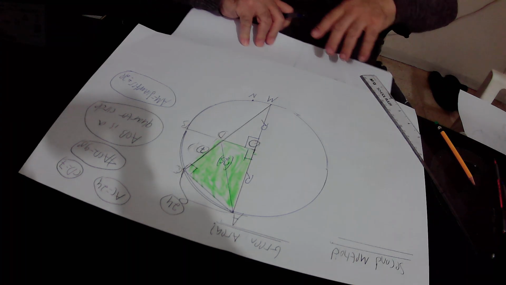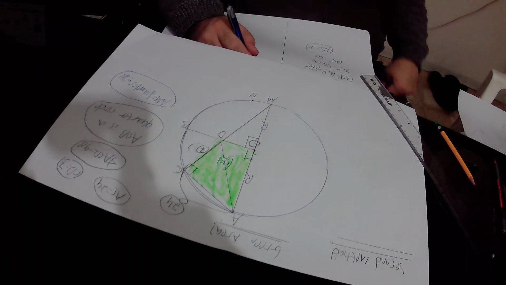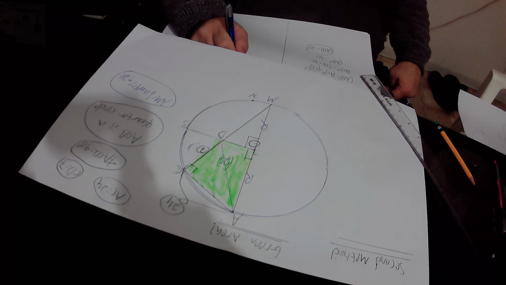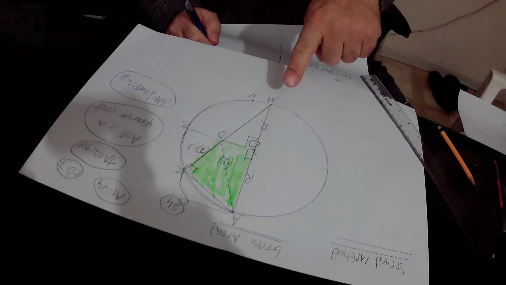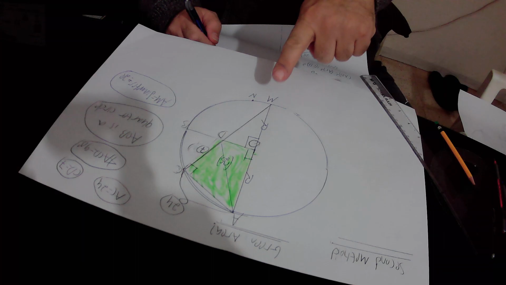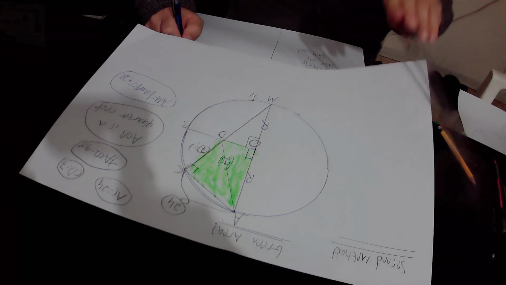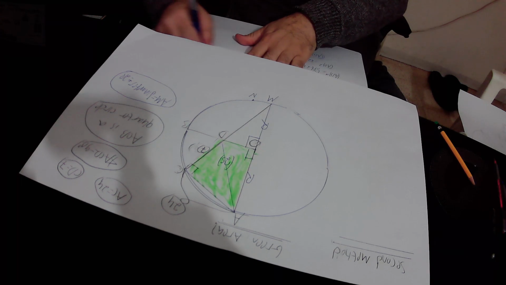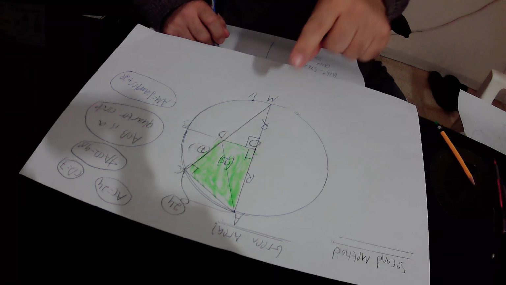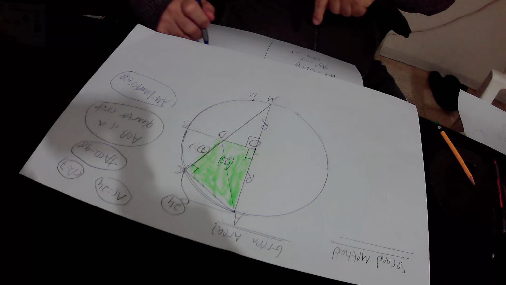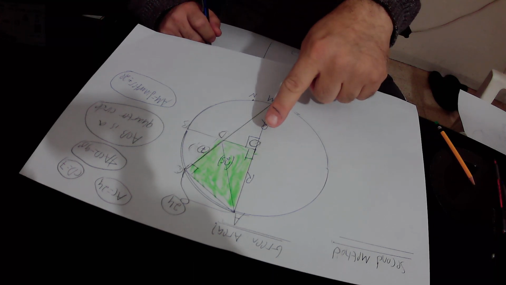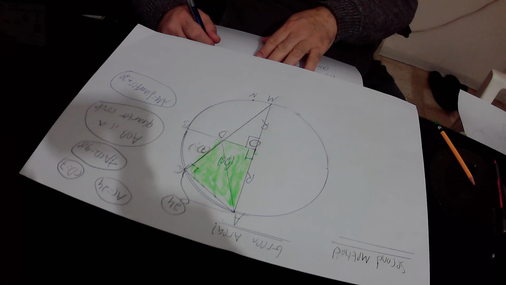The green right triangle AOD is congruent to the white triangle ODM. So why are those two right triangles congruent to each other? First of all, AO equals OM.